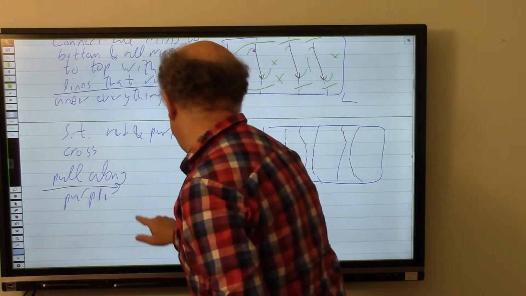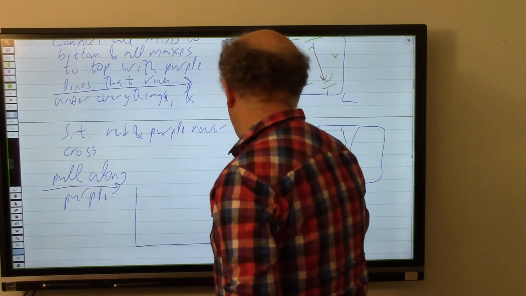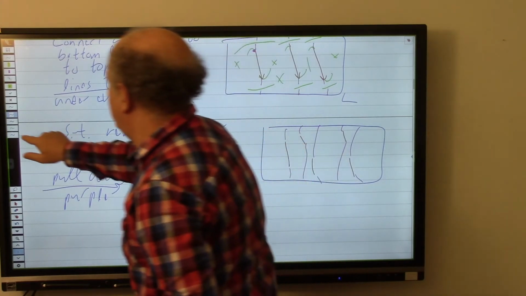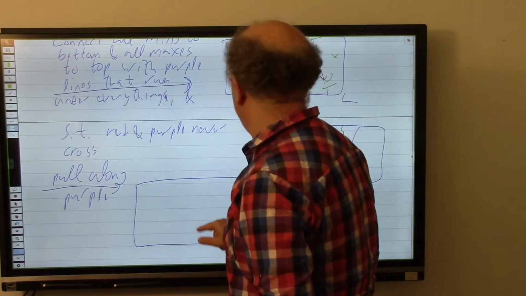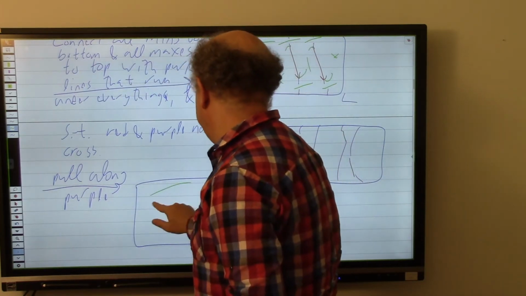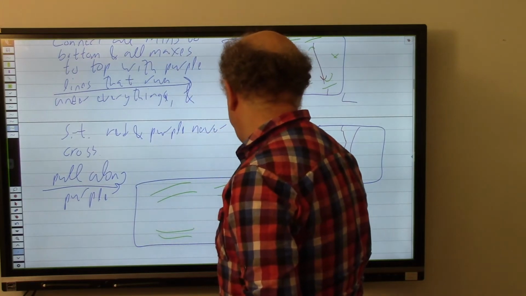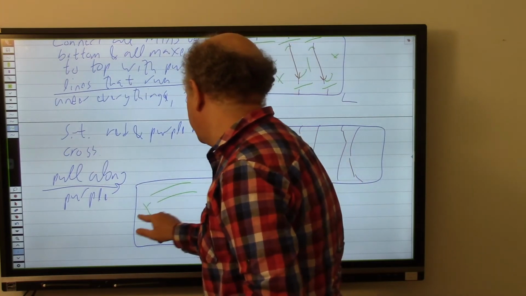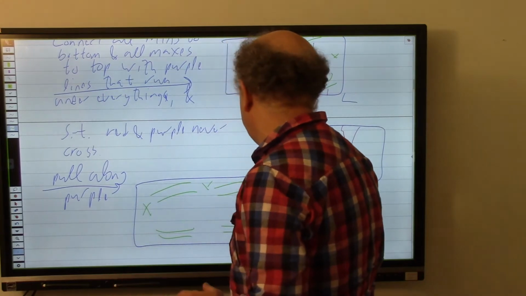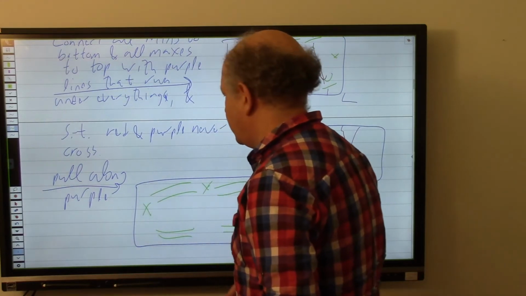So the result will be, you will have possibly green stuff here, more green stuff here, you know, also green crossings. I don't interact with these ever again.